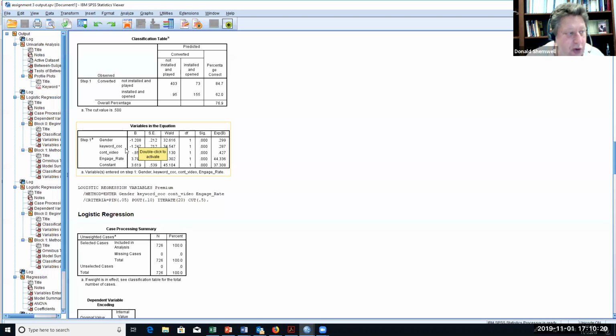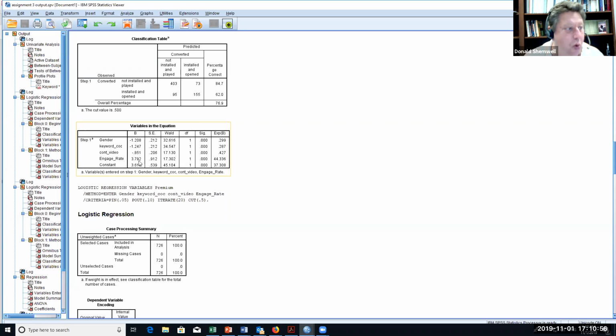And then you also have to go through that same process to explain how keyword Clash of Clans affects the propensity to convert, and how using video content affects the propensity to convert. Now, engagement rate is a more natural variable. It's a metric variable. We have some level of engagement with the content, the Twitter content. The more engagement there was, engagement rate and propensity to convert covary in a positive direction.